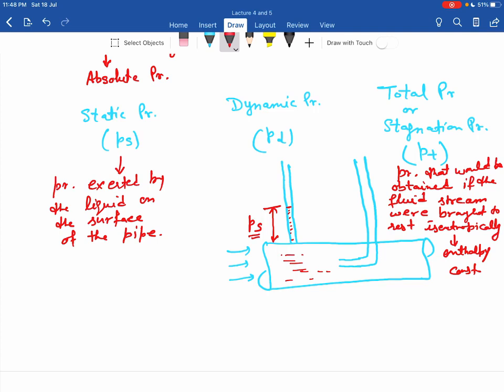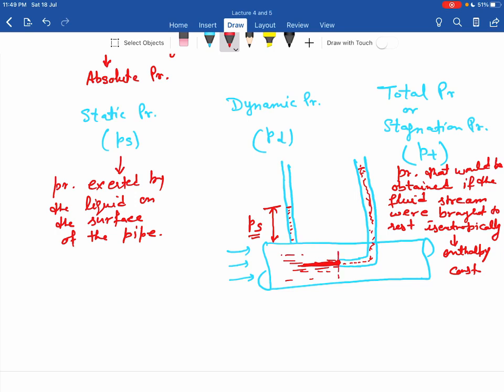Now if this fluid is flowing through this pipe and you bring this fluid stationary at this point, at the entrance of the pipe, what happens? When fluid comes into this pipe, the fluid rises, and after a certain time you see that this layer of fluid is in stationary condition, or at rest. So this condition at this point becomes isentropic.